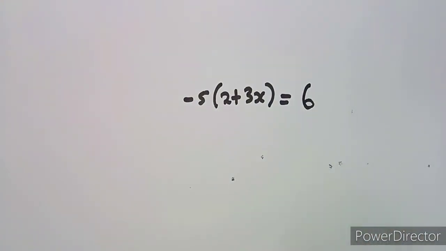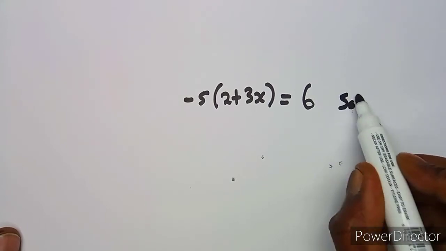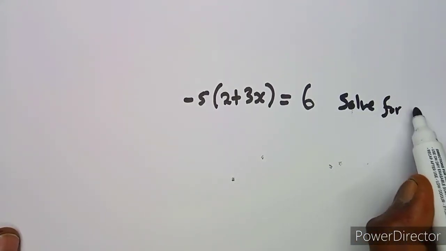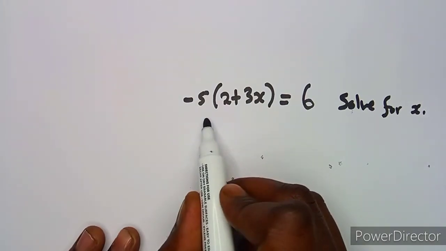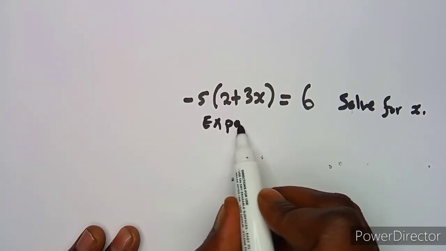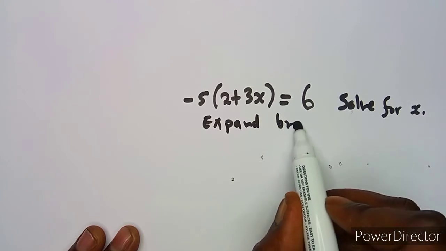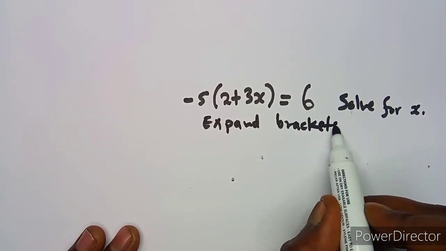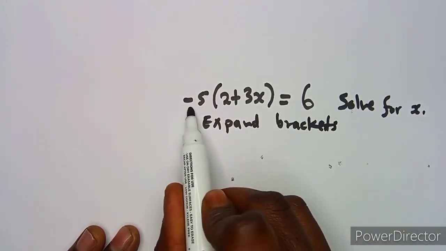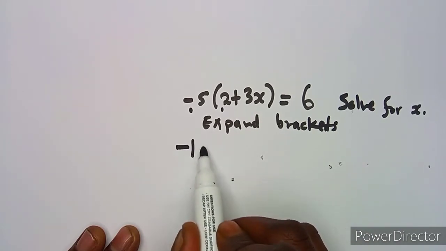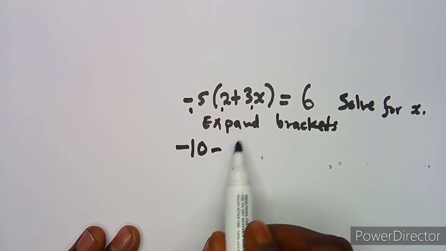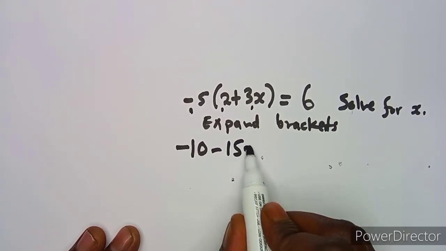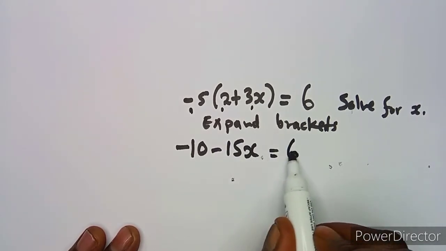By doing so, you have formulated an equation where you are able to solve for x. How? You can expand the brackets. So what are we going to have if we expand these brackets? That's -5 times 2, which is -10, and -5 times 3, which is -15x, which is equal to 6.